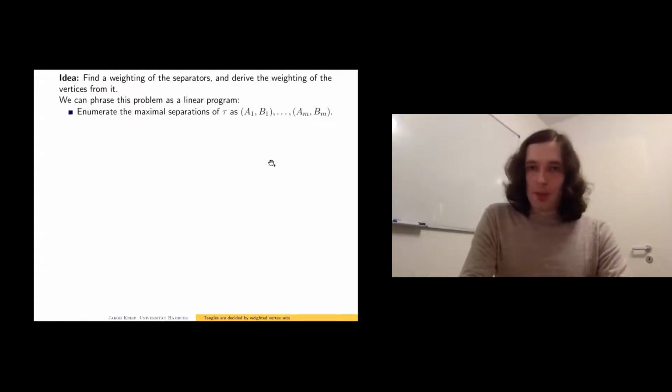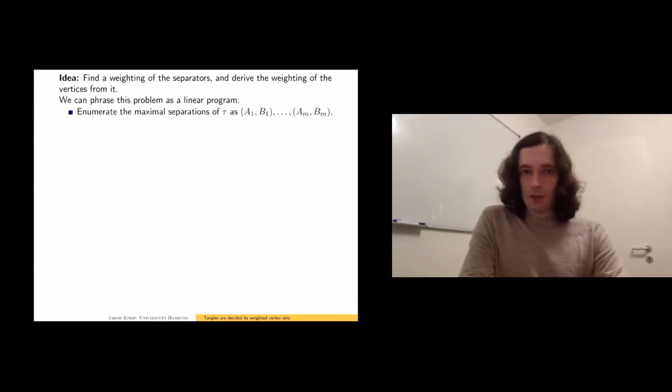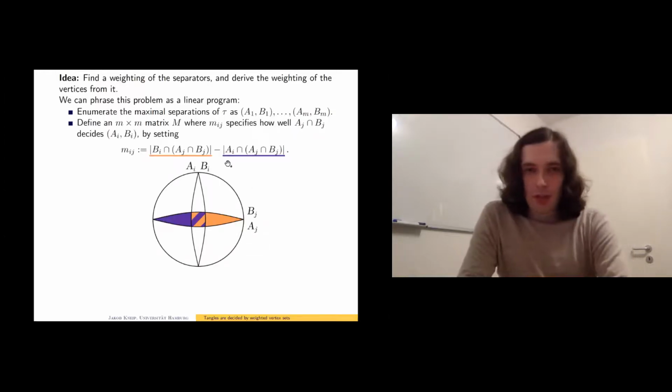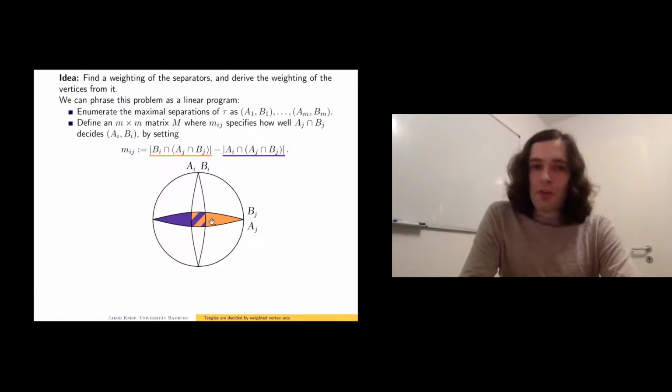So we take our maximal separations, A1 to some AM, and enumerate them. And now we define a matrix. In our matrix, we will collect as the entry Mij what we'll call the score of the separator of Aj, Bj with respect to the ith separation.